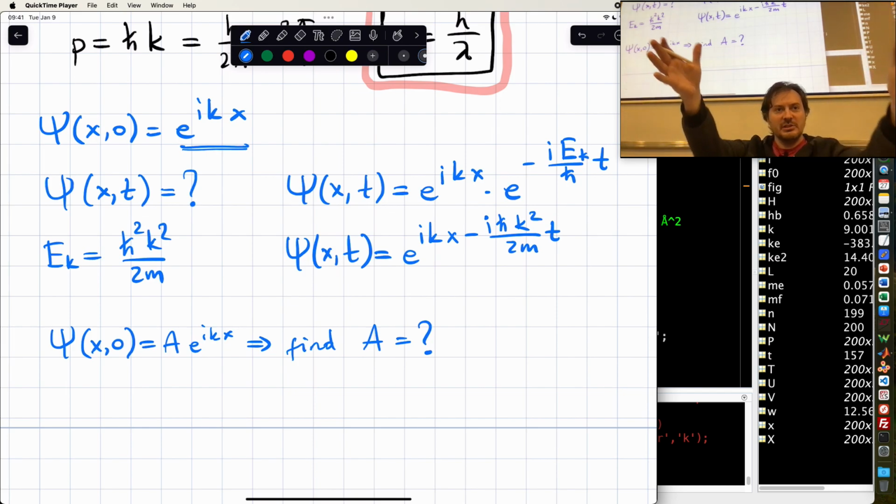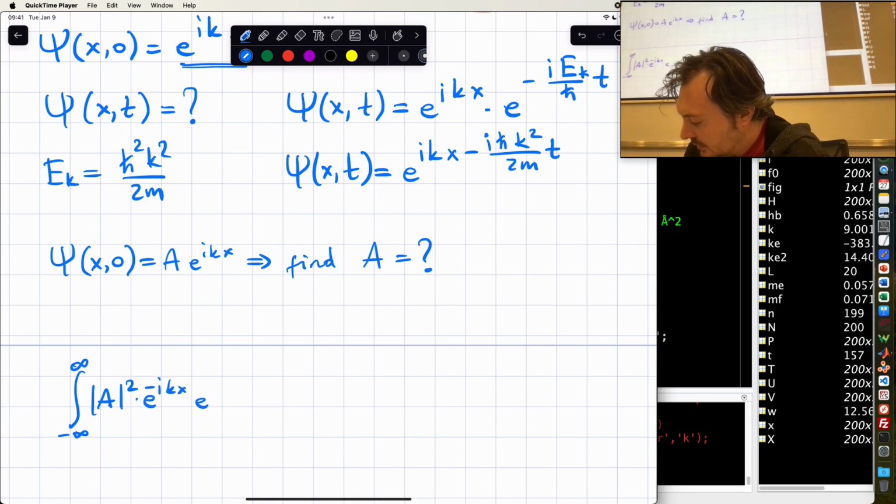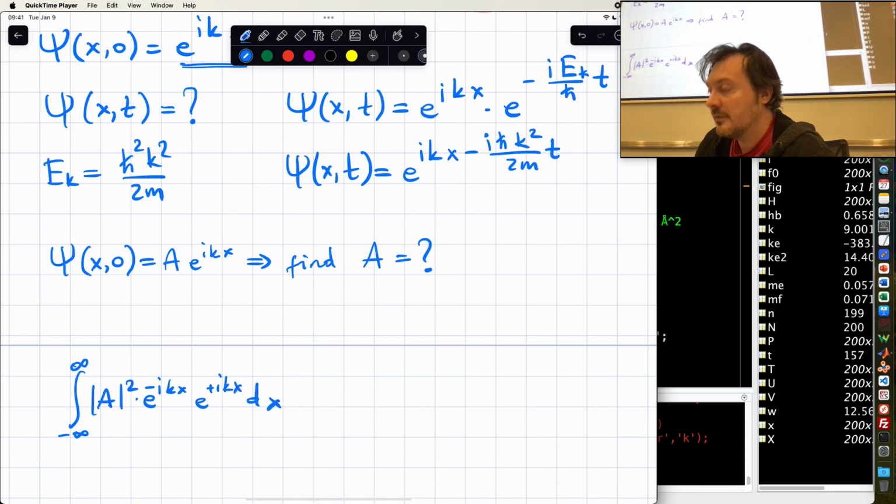In general, you have the homework right now, right? Normalization. So you have to do this, minus infinity to plus infinity, right? A squared times e to the minus i k x times e to the plus i k x, did you follow this? Equals 1.